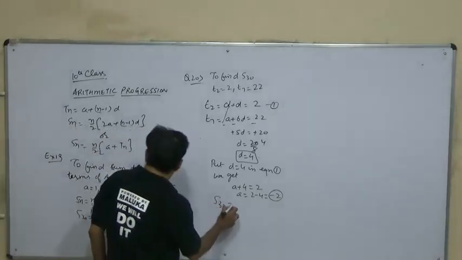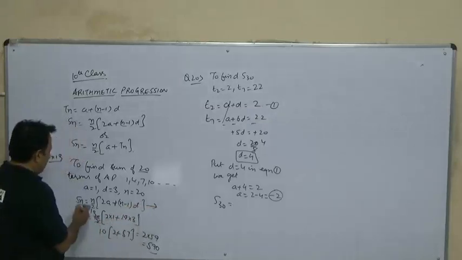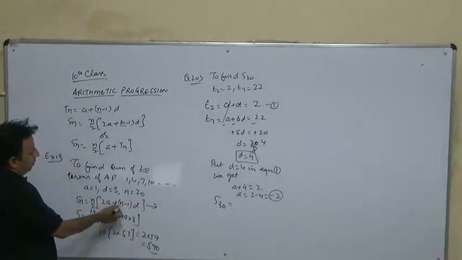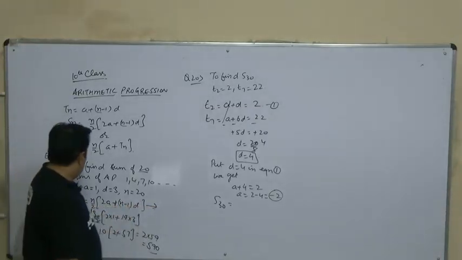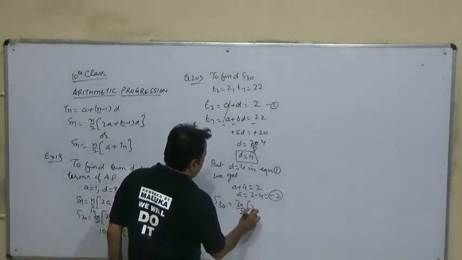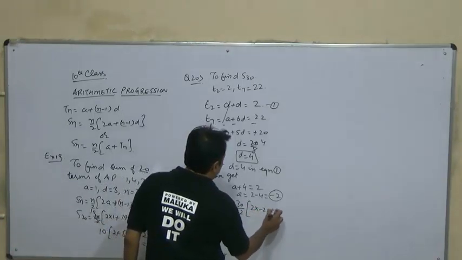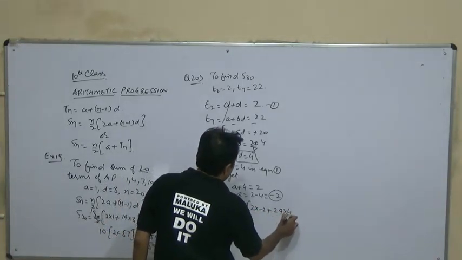S30 can be found by applying the formula Sn is equal to n by 2, 2a plus n minus 1 into d. So n by 2 is 30 by 2, 2 into minus 2 plus 29 into d, which is 4.